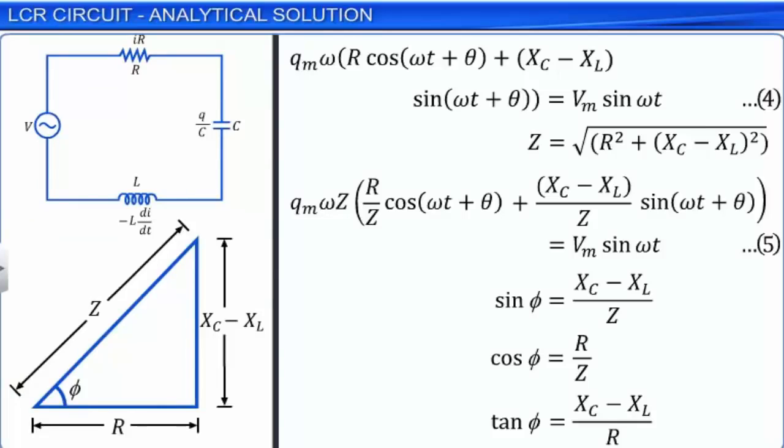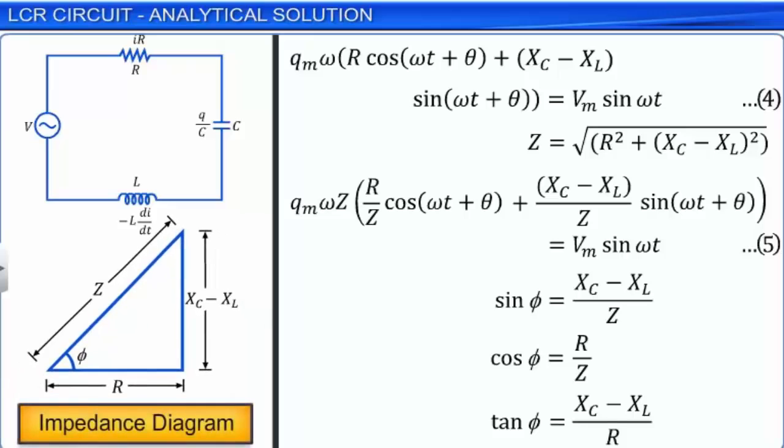This is called the impedance diagram. From the impedance diagram also, we observe that tan phi is equal to (XC minus XL) by R. Hence, we get the same relation for phi as was obtained through the phasor approach that we learned earlier.